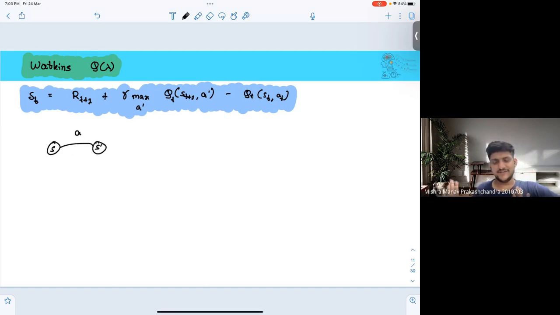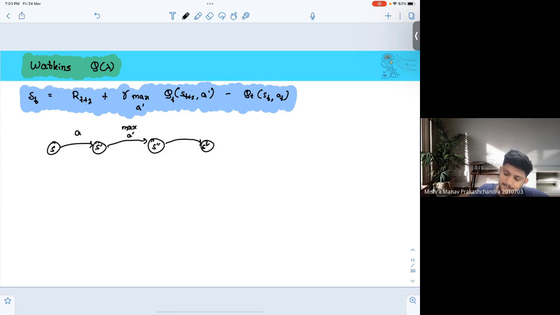Action A is fixed as per the Q value, because for the first action I have no choice, it is given to me. I reach state S prime. After that, I always behave optimally. So to reach state S double prime, I take the max over A prime. I take the max action. And later, to reach state S triple prime, I take the max of the second action.